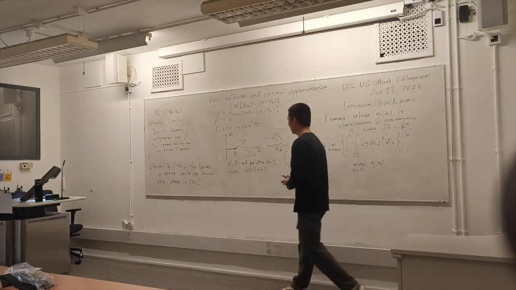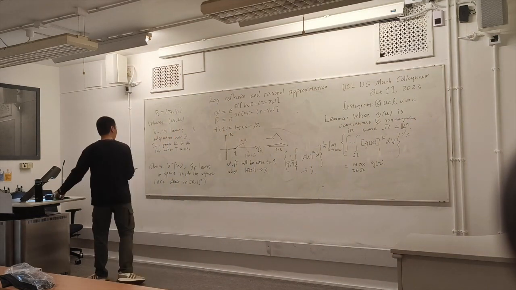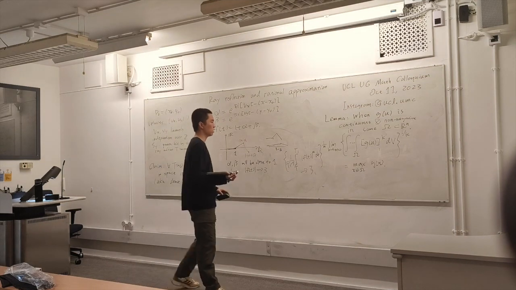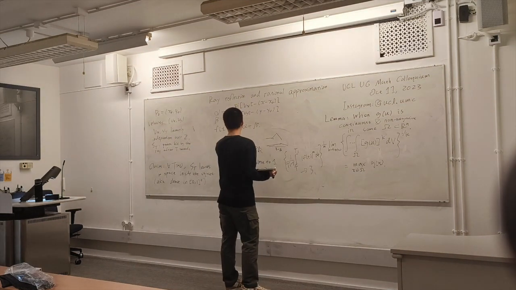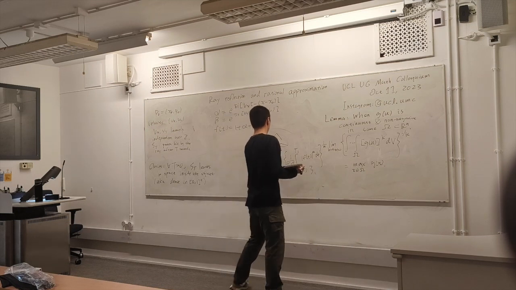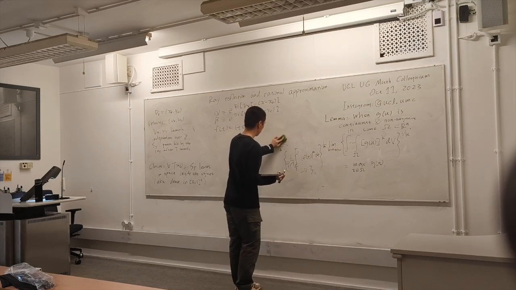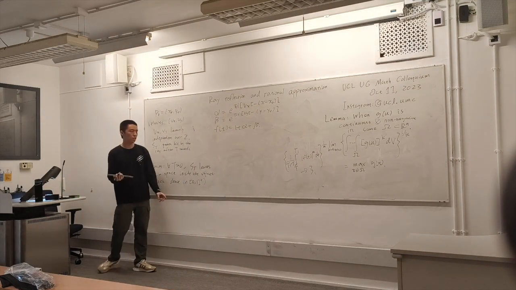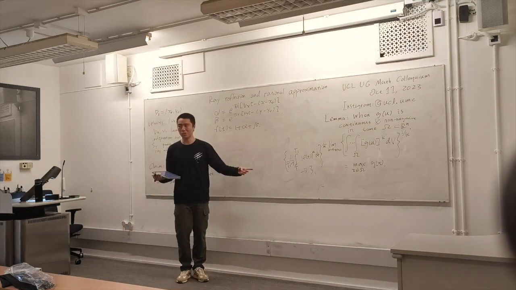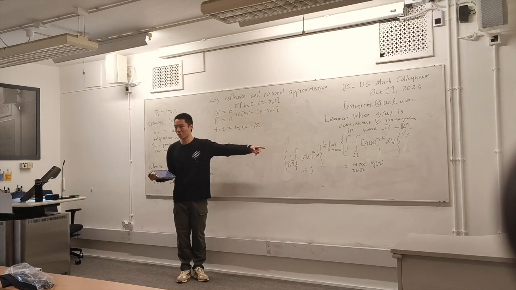I'm going to prove this. And the higher dimensional case can be generalized without too many difficulties. So we just work with the one-dimensional case where omega is an interval.